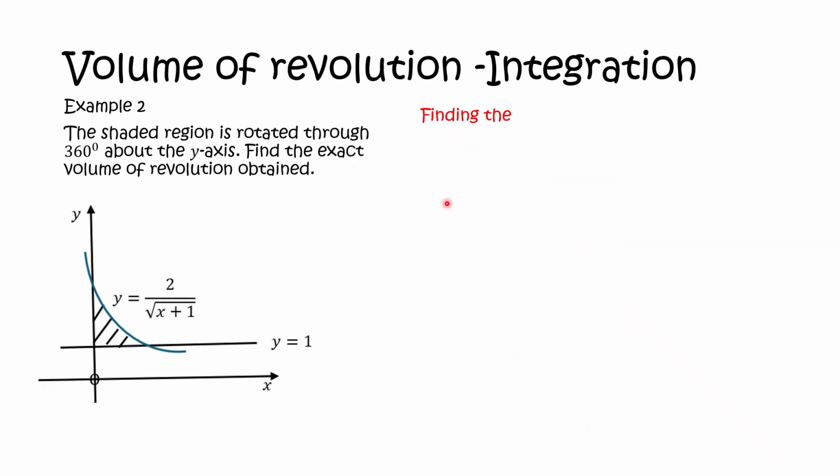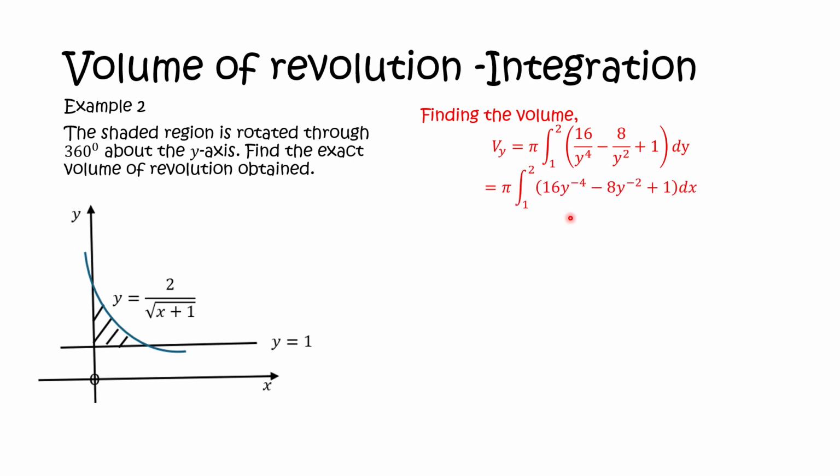So we are going to find Vy, that is pi times the integral from 1 to 2 of that. Then as we integrate, we are going to integrate this separately. Of course, we can apply the laws of indices because that would make our lives easier. We get to a point where we have pi times minus 16 over 3 times y to the power minus 3 plus 8 y to the power minus 1 plus y from 1 to 2.